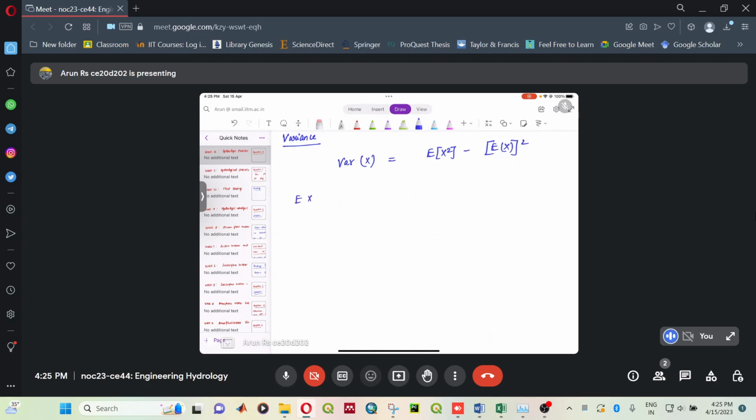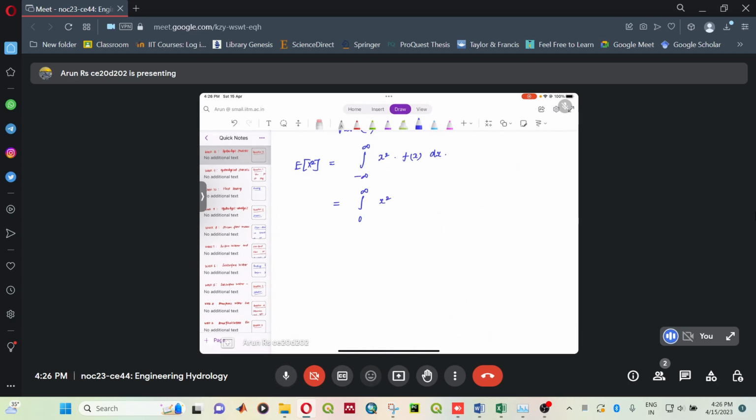To do that, expected value of x square is equal to integral of 0 to infinity x square f of x dx. If we evaluate this integral, we'll get E of x square. So we can substitute the PDF in this particular equation. Here the limit varies from 0 to infinity.